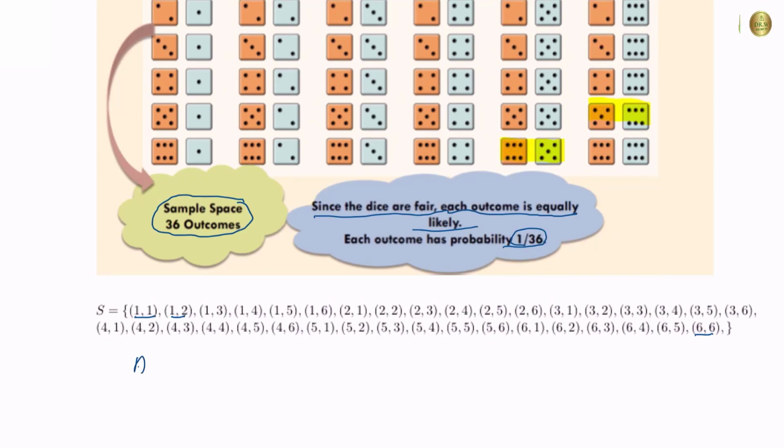So what are the elements of A? It is (5,6) and (6,5). So probability of A: the number of elements of A is 2, and the number of elements of S is 36, so 2 over 36, or 1 over 18.